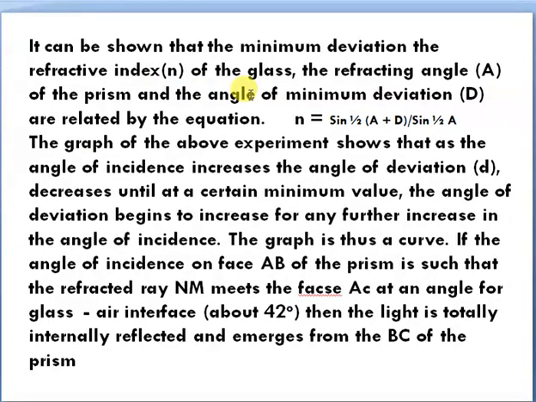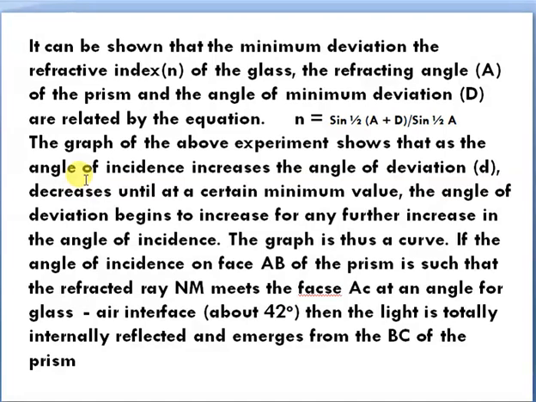The refractive index N is equal to sine of half of (A plus D), all over sine of half of A. Remember, N is the refractive index, A is the refracting angle of the prism, which is always 60 degrees, and D is the angle of minimum deviation.